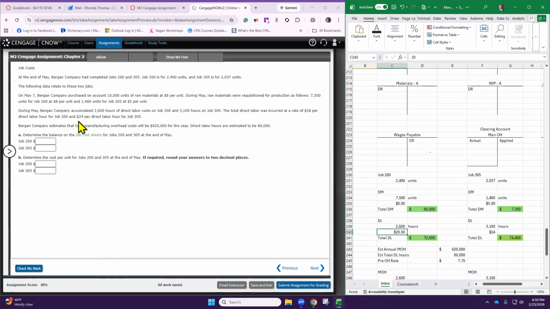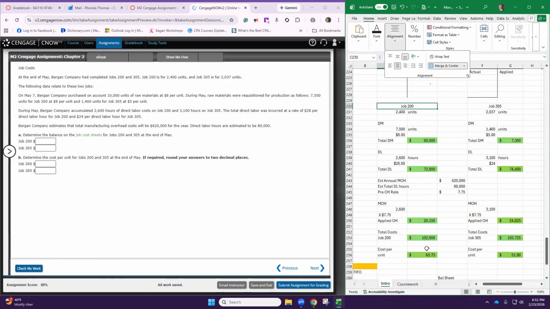Job 200 paid $28 an hour, and job 305 paid $24 an hour. So there is the direct labor. So now, once again, this is job 305 so far, and job 200.